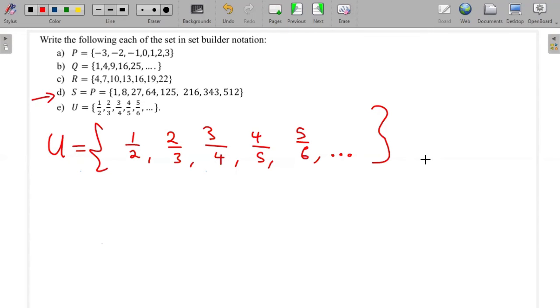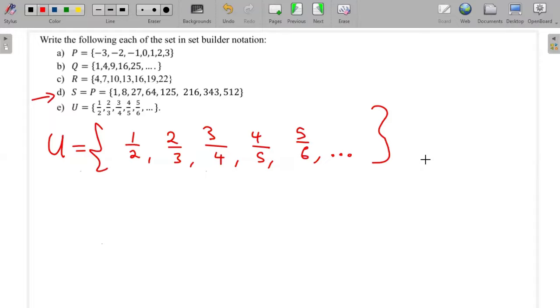Any other pattern that you can see on this set, on what's happening to the numbers? Yes, they're increasing by 1. The numerators are increasing. The denominators are increasing. What other thing can you see?